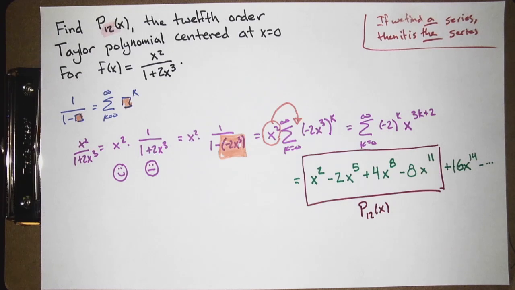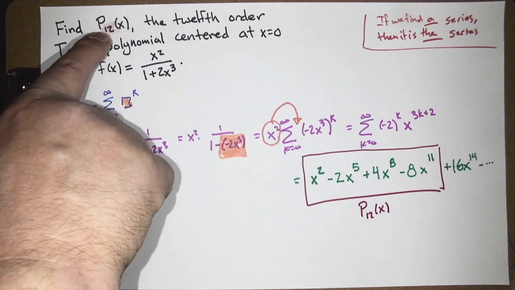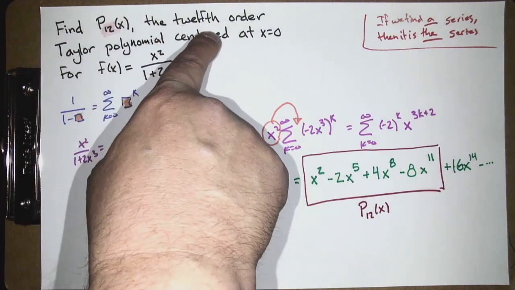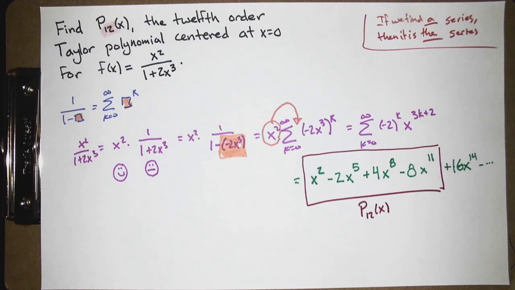So like this 12. Like before, I thought that it means like 12 terms, but it is not, right? It's not that we need 12 terms. It tells the power. So 12 here refers to 12th order. And so the 12 refers to how many derivatives you are trying to match. Now in terms of the series, every coefficient is storing a derivative.